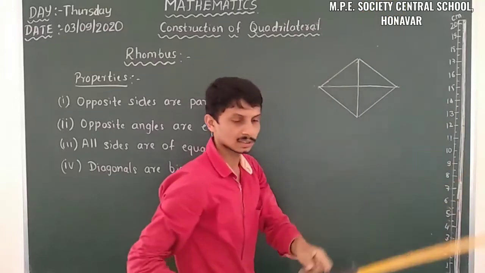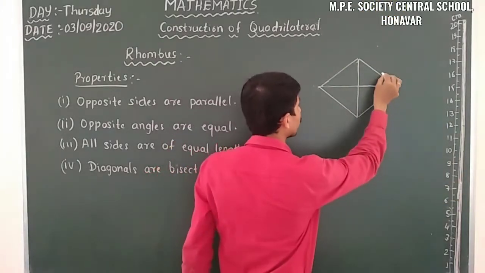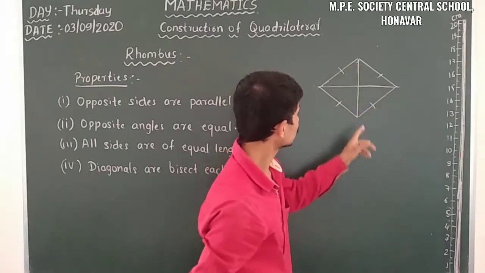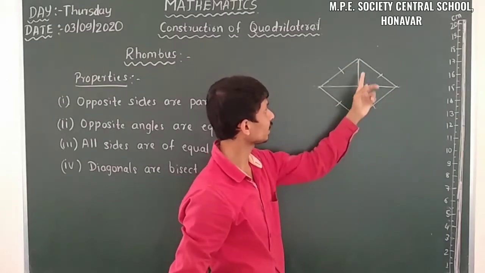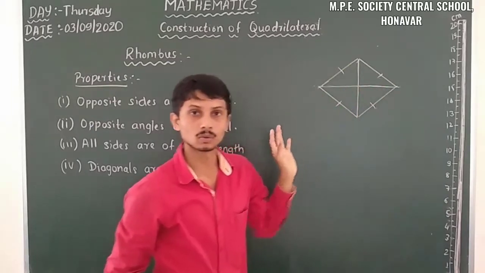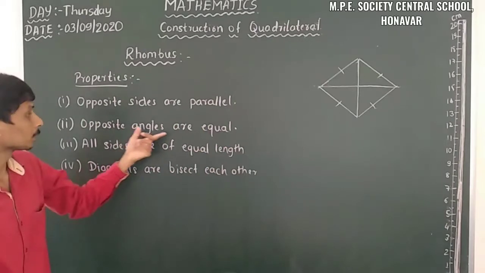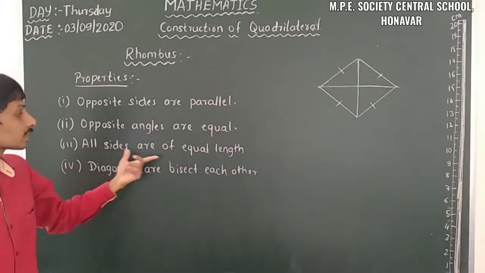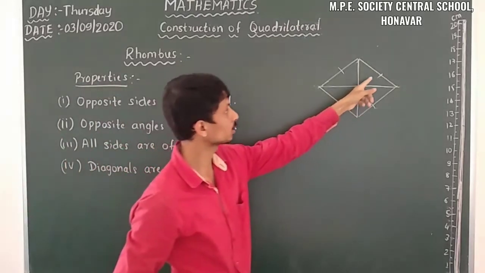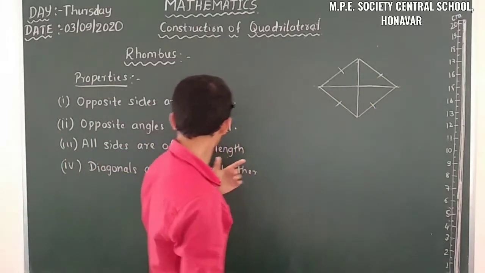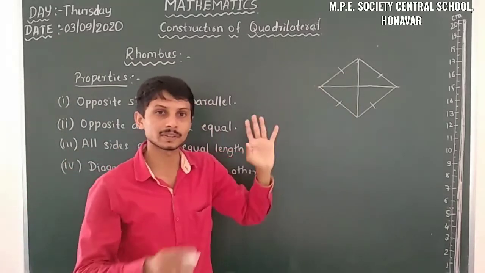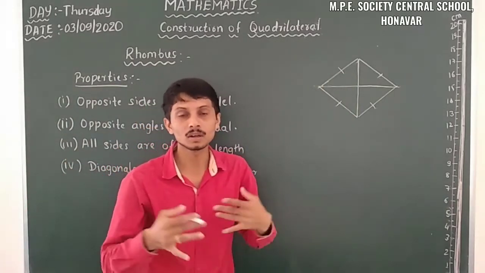It has 4 sides, and all 4 sides are of equal length. This angle and this angle are equal, and this angle and this angle are equal. So opposite angles are equal and all the sides are of equal length. We know that opposite sides are parallel. Just observe that opposite sides are parallel and diagonals bisect each other, whether they are perpendicular bisectors or whatever.